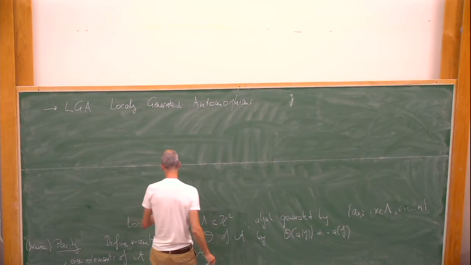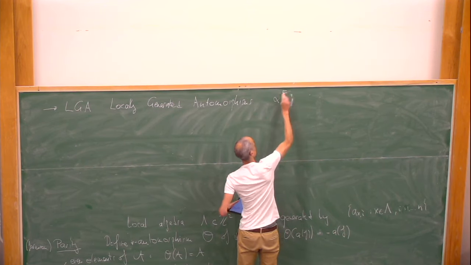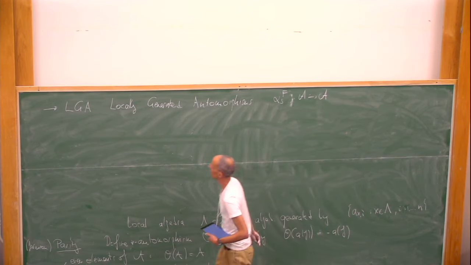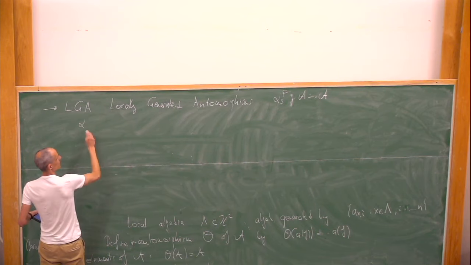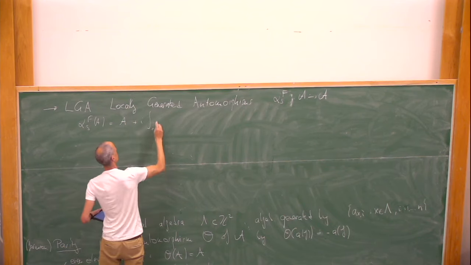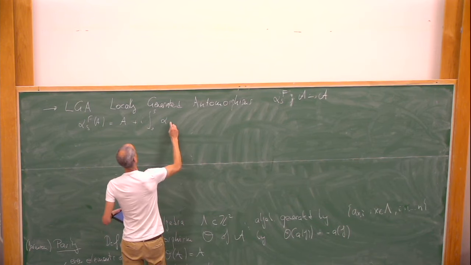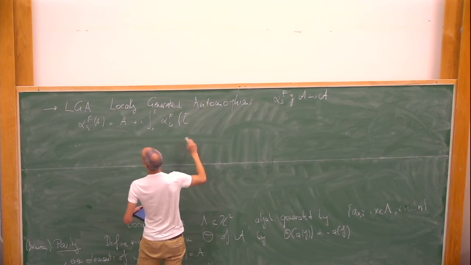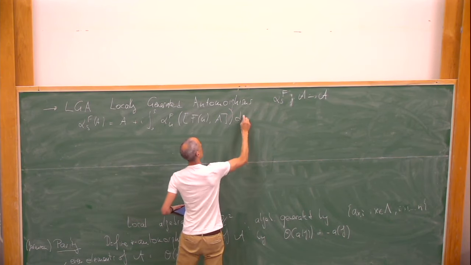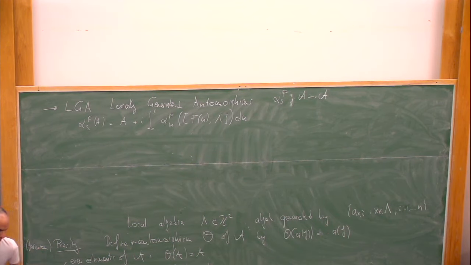These are just the families alpha_s associated to a TDI F. It's a map from A to A that is the solution of alpha_s^F(A) = A + i times the integral of alpha_u^F of F(u) with A, du. So I write the integral equation instead of the differential equation. It's the integrated version of the Heisenberg equation.